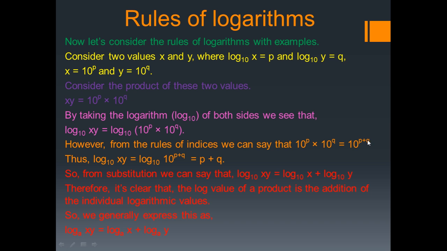So the next thing I will do here is take the logarithm to the base 10 of both sides. As in the case of all the other equation operations, if I take the logarithm of one side, I have to take the logarithm of the other side as well. So log xy to the base 10 is equal to log of 10 to the power p plus q to the base 10.